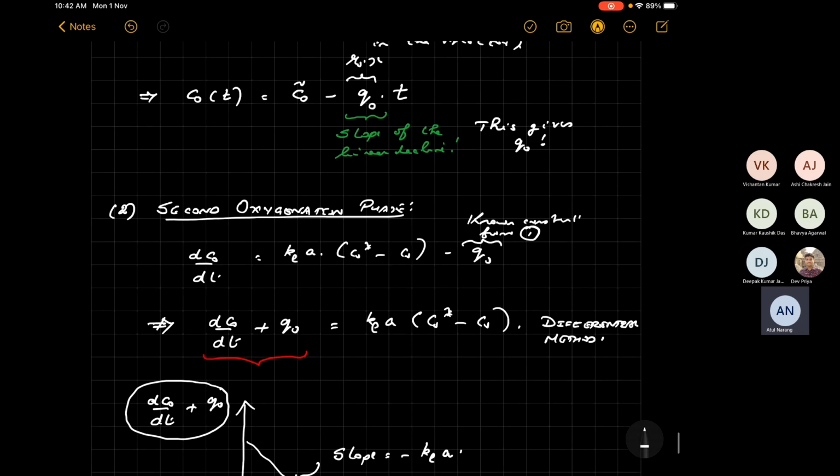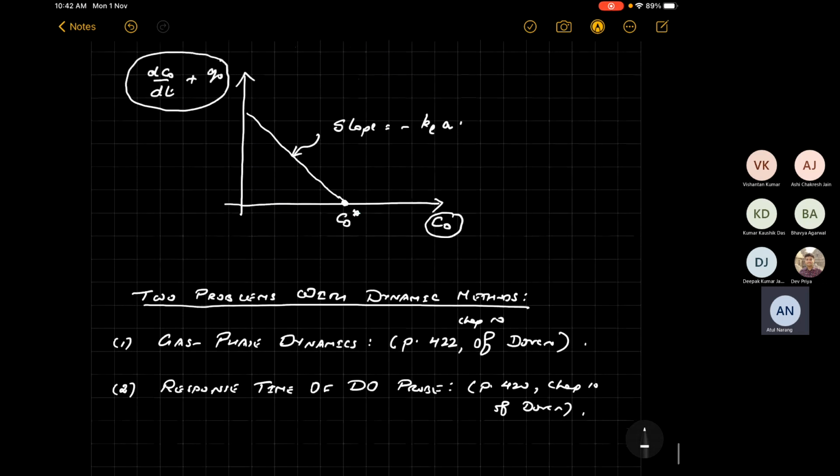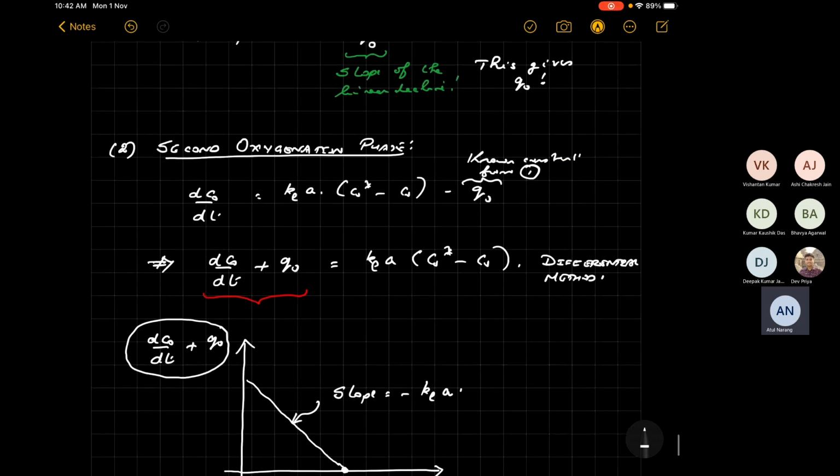Okay. And look at Duran. This is pages 418, 419 for the integral method.